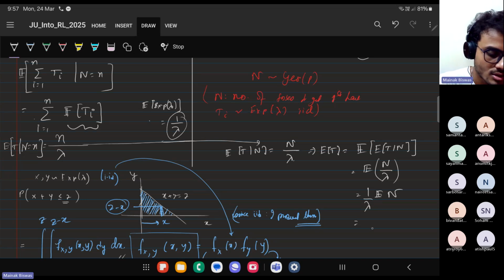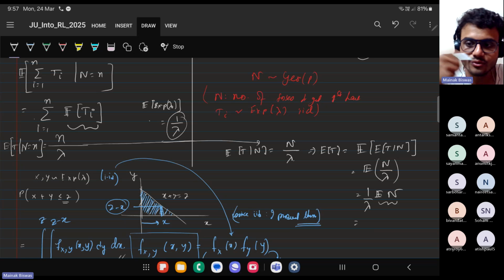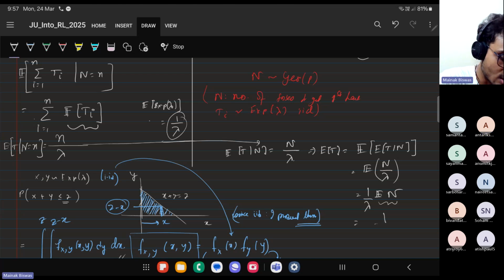We found it in the first class. If the probability of success is 0.5, how many trials will you need to get the first success? That's the hint. It would be 1 by p, right? Yes, 1 by p. So this is your expected time.